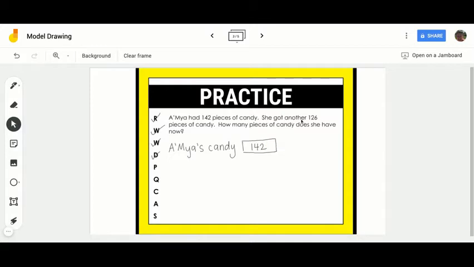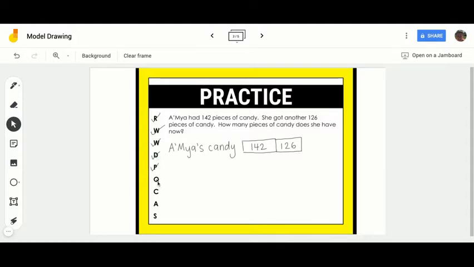She got another 126 pieces of candy. Ooh, so we need to add on even more. So we're going to add on to her unit bar. And we're going to add another 126. All right, I've read my 2 sentences and I see this last one is my question mark. So I'm going to go ahead and check mark my plugging in information.